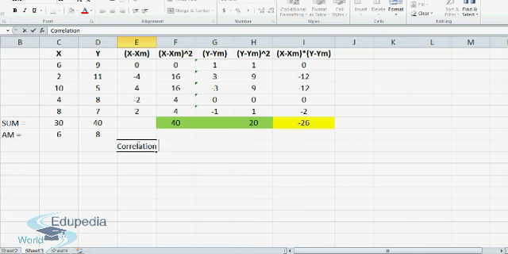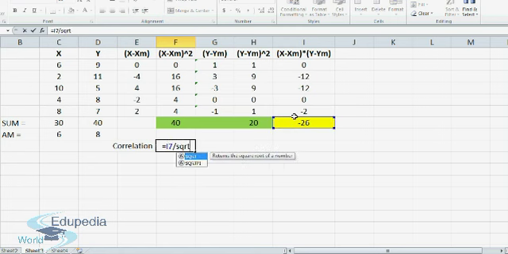in fact, the Karl Pearson's coefficient of correlation will be equal to this value divided by the square root of this multiplied by the square root of this number.